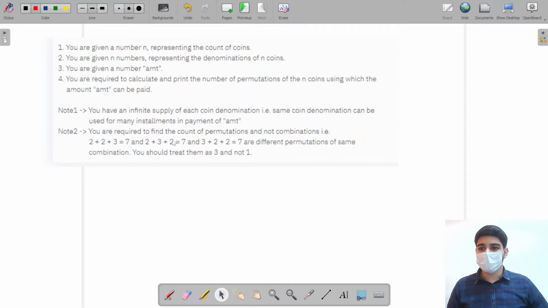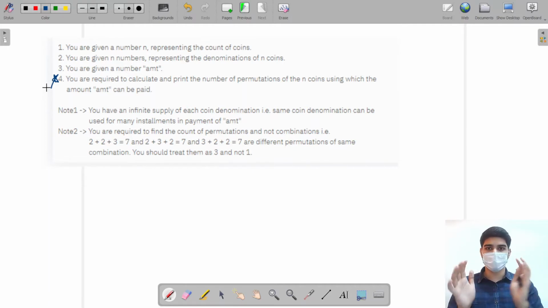And you are required, if we read this line, which is very important, to calculate and print the number of permutations of the n coins using which amount AMT can be paid. You have to pick coins from the set of coins provided such that the summation of that set is equivalent to the given amount.